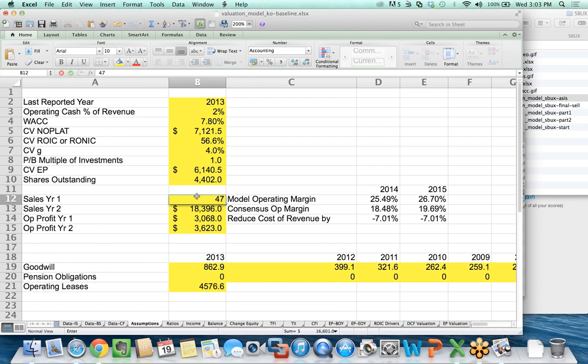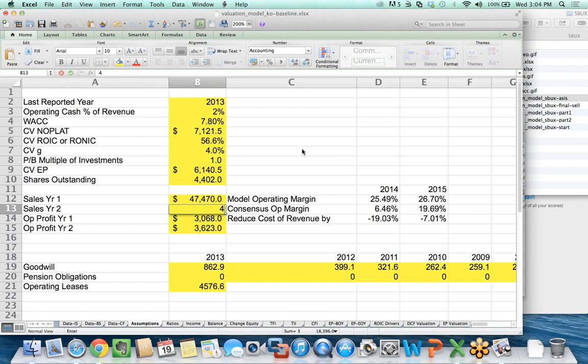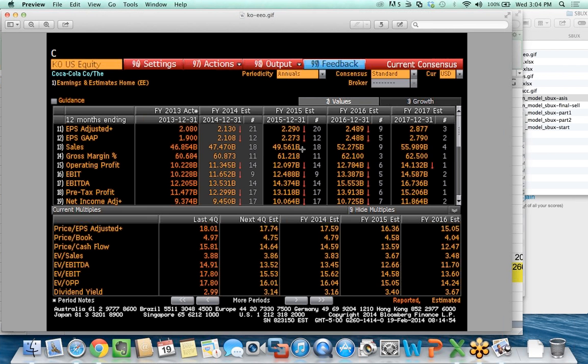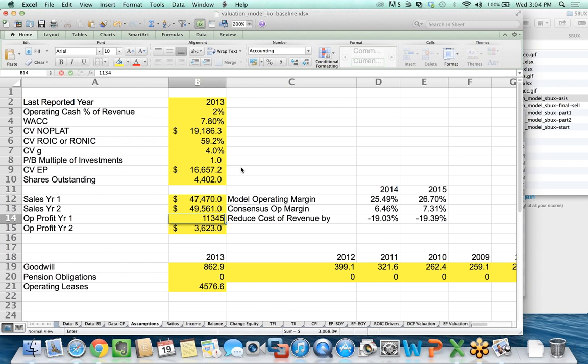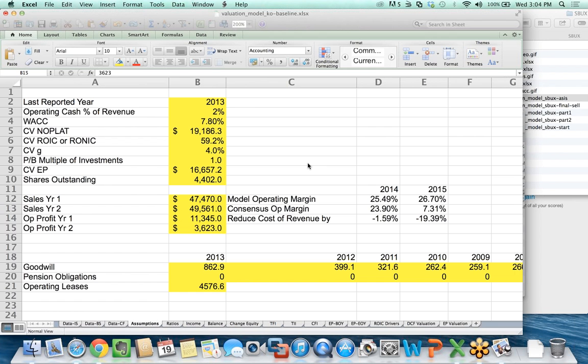So make that 47,470 and 49,561. So 49,561 million. And operating profits, 11,345. And 12,097.